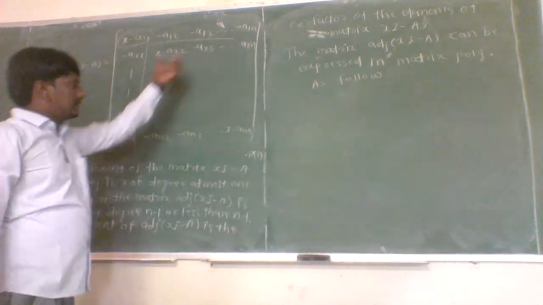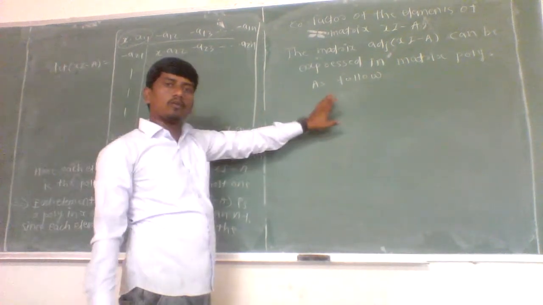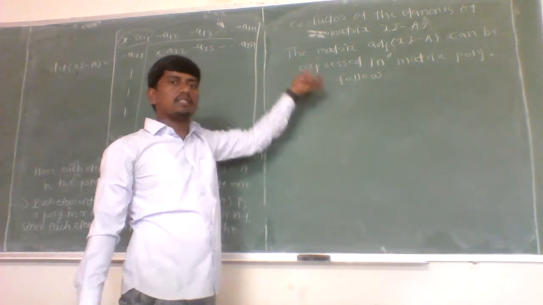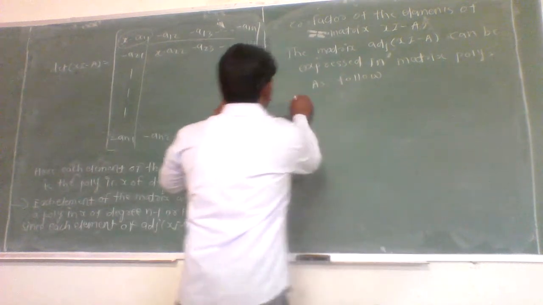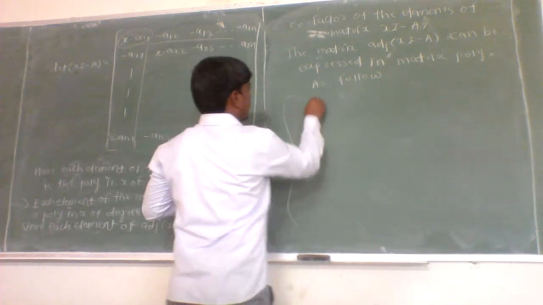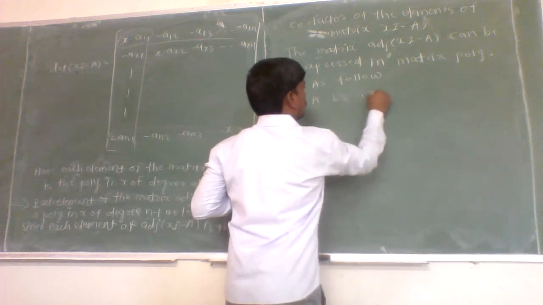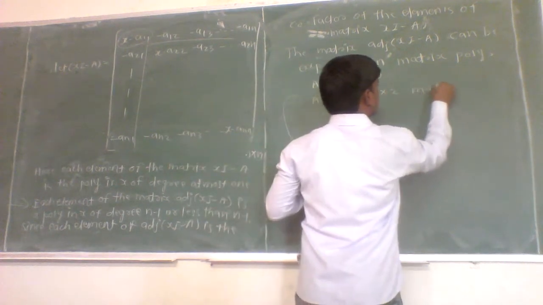First we see it for a 2 cross 2 matrix, and then we generalize it for an n cross n matrix. For example, take A to be a 2 cross 2 matrix.